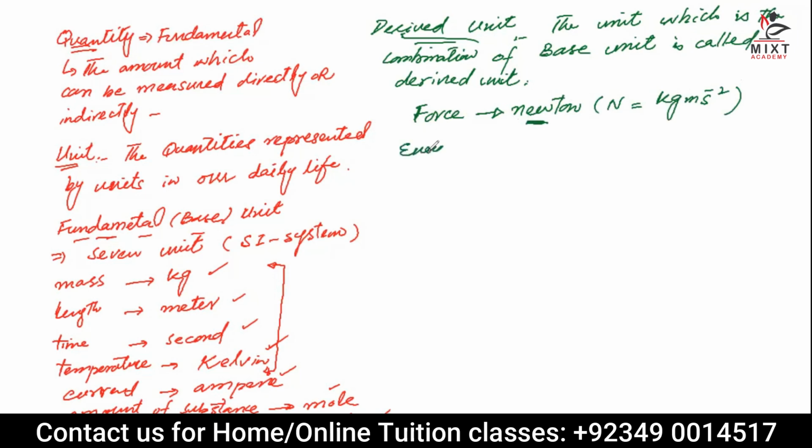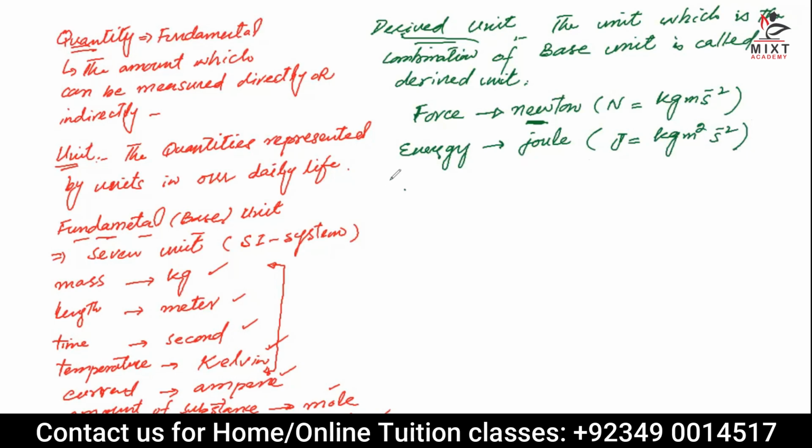The unit of energy is joule, and joule is equal to kg meter square per second square.